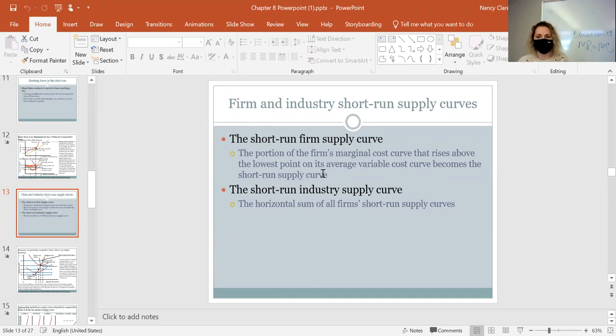I'm going to show you that here in a minute, okay? The industry or market short-run supply curve is simply a sum of all of those individual supply curves. It always is. How do we calculate market supply? Well, we go to each supplier, we figure out what their supply curves are, and we sum up. How much are all of these suppliers willing to give us at $1, then $2, then $3, and $4, et cetera, okay?